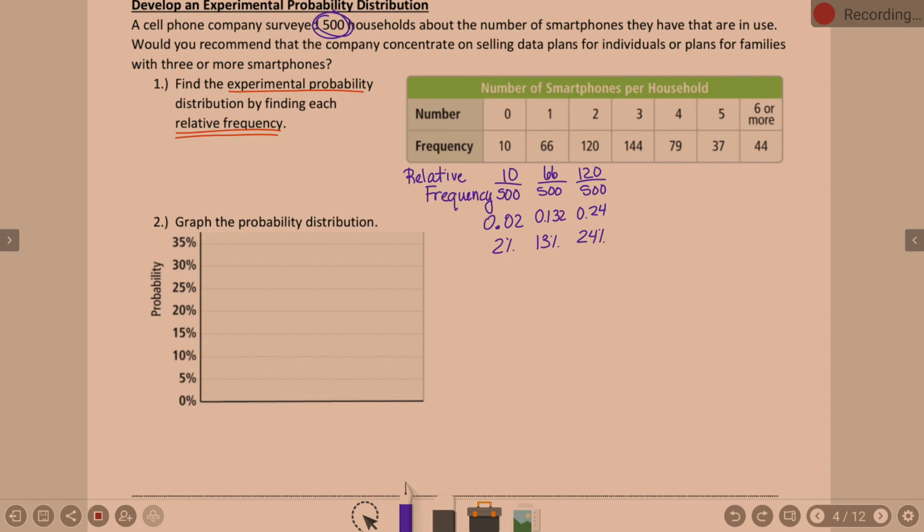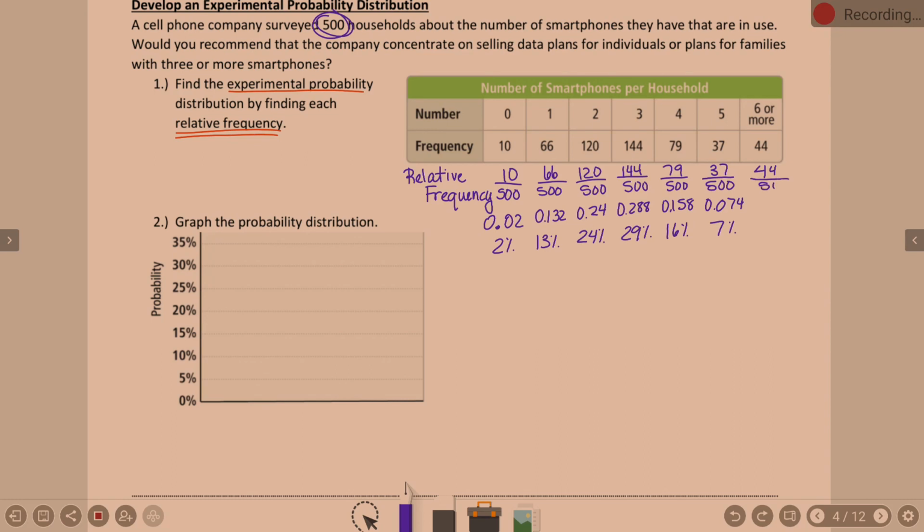3 smartphones, 144 times out of 500. 0.288 is what I have written down, which becomes 28.8%, but rounds to be 29%. 4 phones happens 79 out of 500 times. 0.158, which is 16%. 5 phones, 37 out of 500 households. 0.074, which is about 7%.